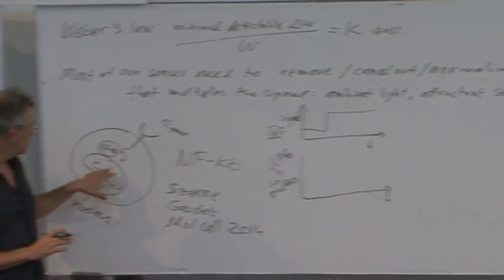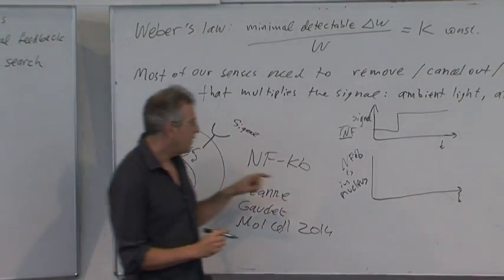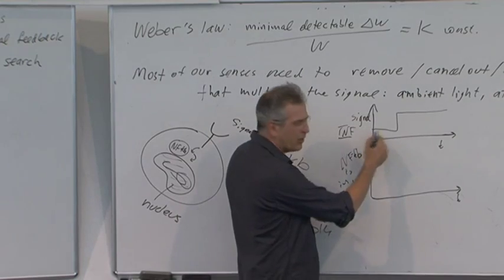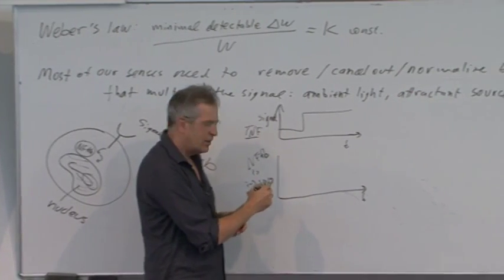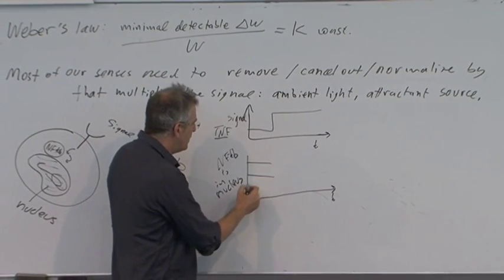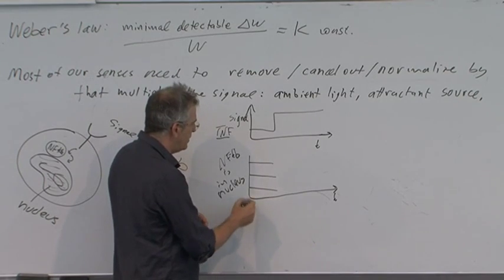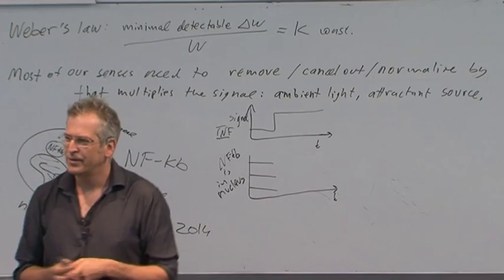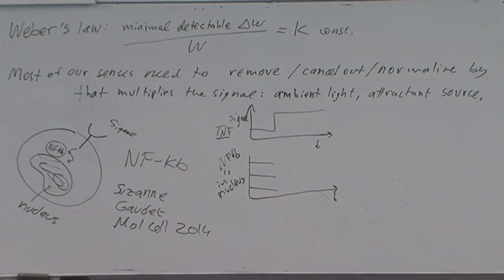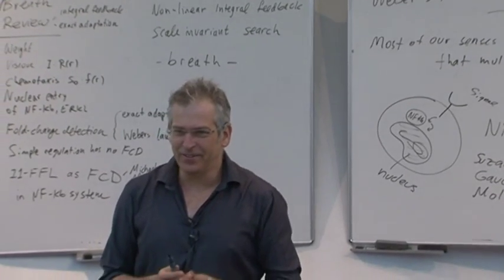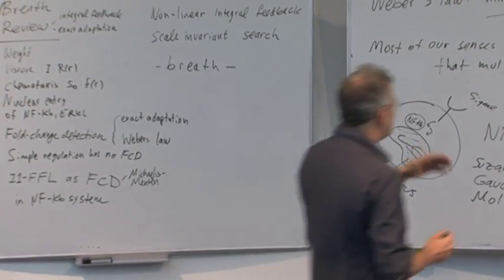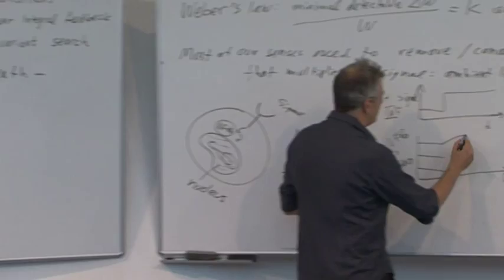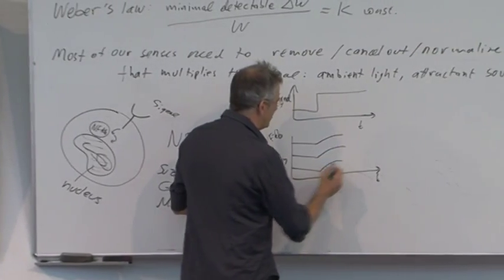They were able to look in individual cells, and the first thing they see is that without any signal, there's already NF kappa B, and each cell has a different level. That's already something to worry about. And then when you add the signal, basically each cell responds.